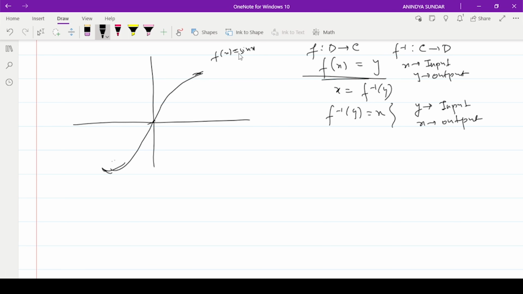Now I want to know what is the graph of sine inverse x. So if the x-axis and y-axis change, suppose this is x dash, y dash. I can see that this function is increasing towards the positive direction.